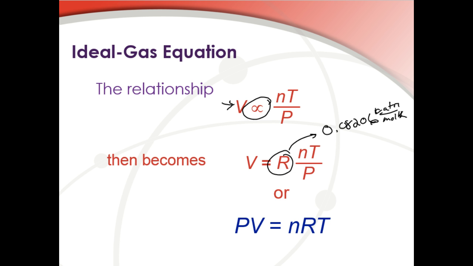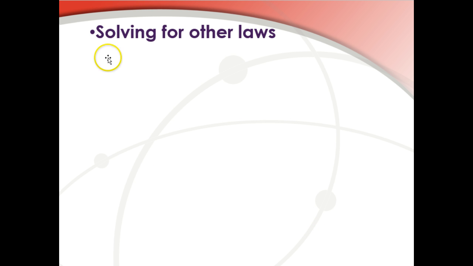Now, what that gives us is the ideal gas equation, PV equals nRT. The only thing that you really have to know to get the other gas laws is PV equals nRT, the most important law for gases. Now let's take a look at how we can get those other gas laws from our ideal gas equation, PV equals nRT.